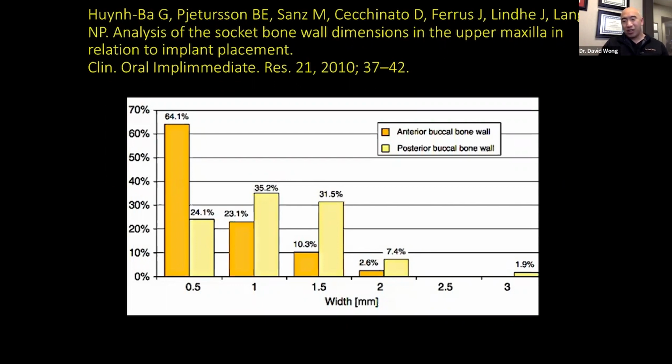It is 87% of all facial plates are 1 millimeter thick or less. Okay, so that's almost 9 out of 10 of front teeth have facial plates 1 millimeter or less in thickness. So we run a high risk with most of these front teeth. Matter of fact, 64% of these teeth have facial plates that are 0.5 millimeter or less. So they're really incredibly thin.